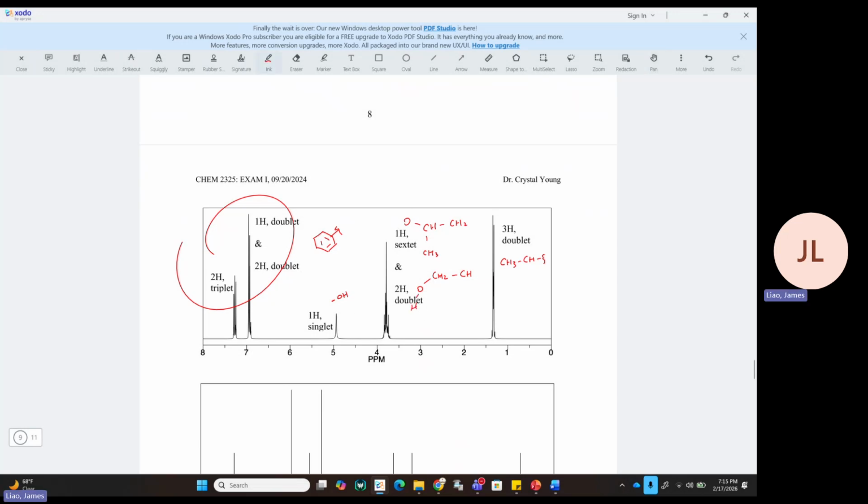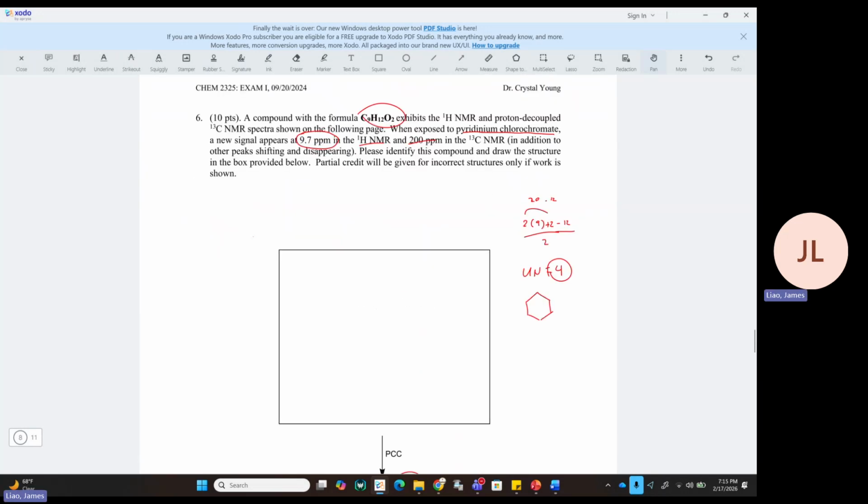And that means this one over here is going to be a standalone oxygen. The reason why is because this alcohol would be secondary. It wouldn't be a primary alcohol because it forms the aldehyde from that PCC. What was yours? The chemical formula is C9H12O2.